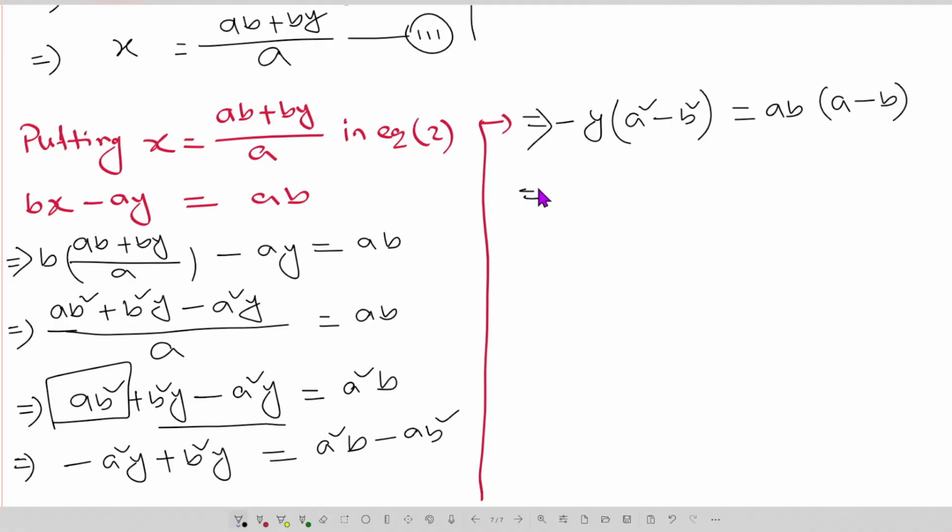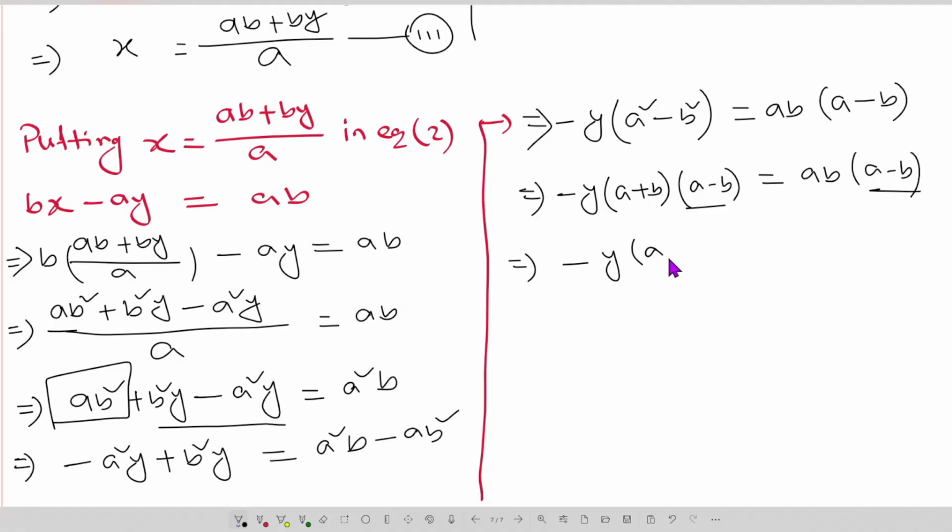Okay, then minus y, a square minus b square, we can write as (a plus b) times (a minus b), right, equals ab times (a minus b). Now both sides we can divide by a minus b. So here is minus y times (a plus b) equals ab.